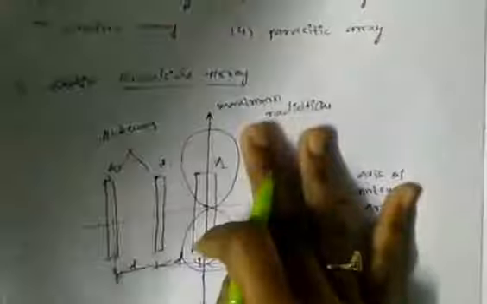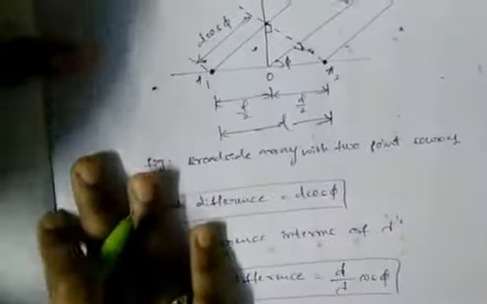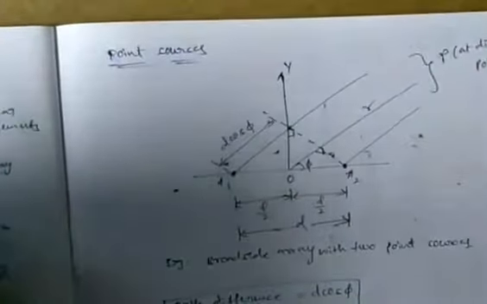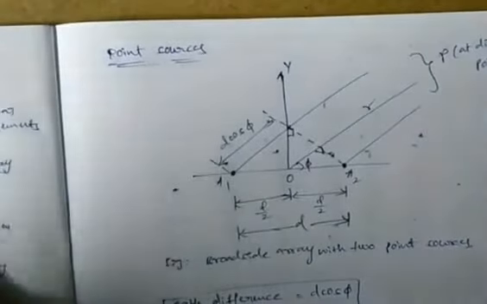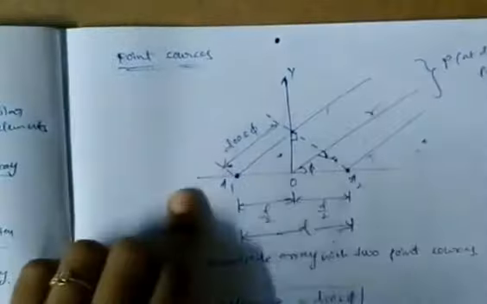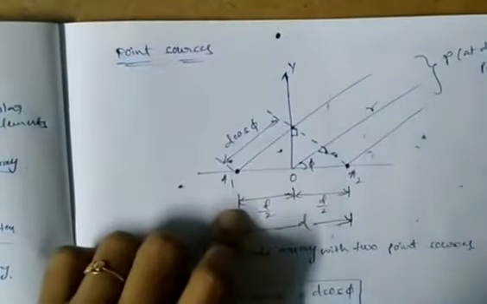Coming to the endfire array, before going to it, we have a small topic, that is point sources. So what is a point source? A point source is nothing but the antennas being represented as points. Here we are seeing the two point source broadside array.